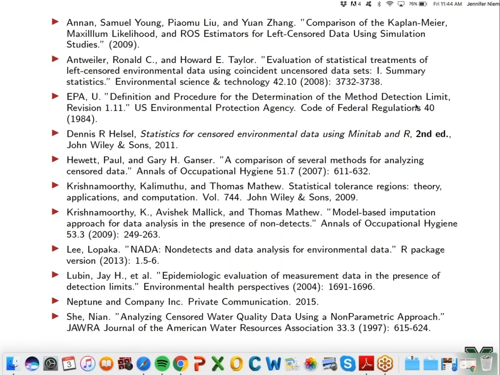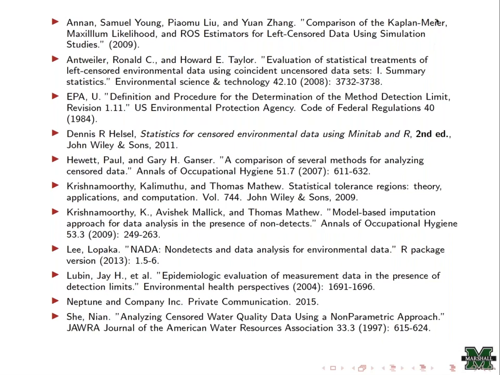Hi, Jennifer. So the question is, as your project was quite exploratory, what were your expectations going into the project, and how were they met or surpassed? Well, actually, since I did simulate my censoring with log normal distribution, I really expected the maximum likelihood estimation to be the best method, since it is based on the distribution.